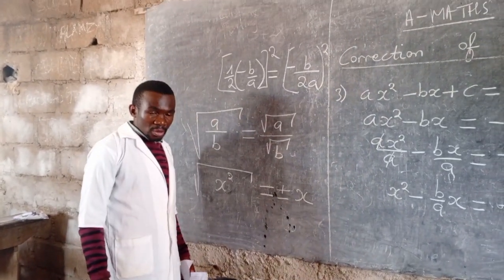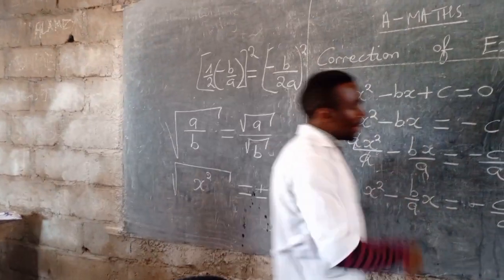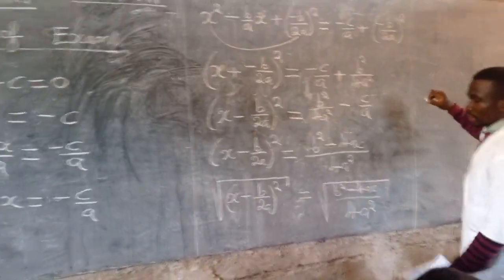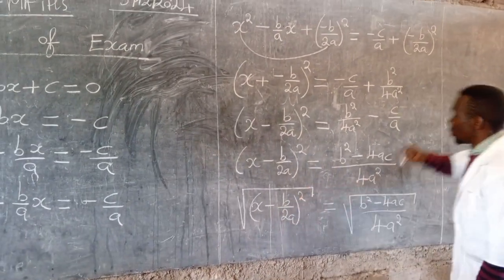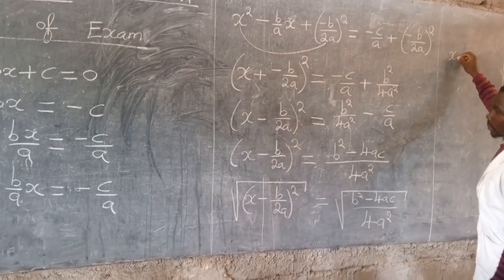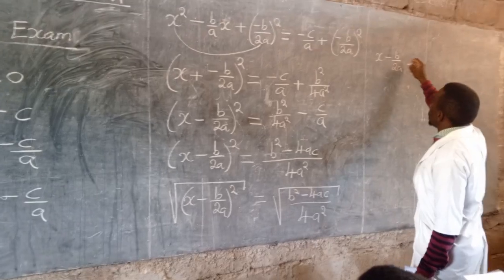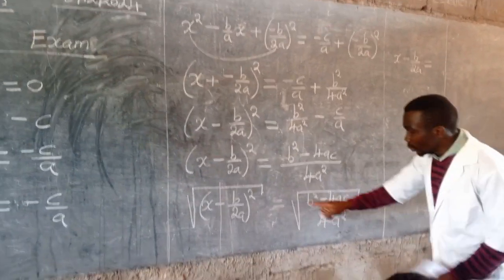You saw this, so we are going to apply it here. This and this will go. We'll be left with x minus b on 2a equal to, we are going to put the plus or minus sign now.